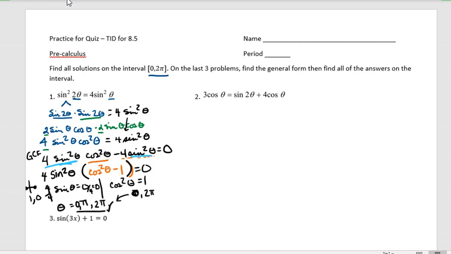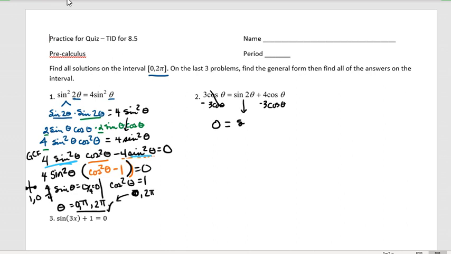All right, so looking at this one, let's get our cosines together. Minus 3 cosine theta minus 3 cosine theta. This one I kind of left out the S. So that gives me 0 equals, I need to change this.